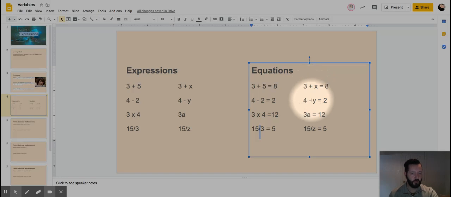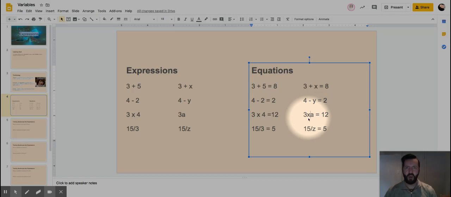And so, yeah, if we continue down here, a number and a letter separated by subtraction. And here, this looks a little different. We just have a number and a letter right next to each other. And the reason that we do this is to show multiplication, is because the multiplication symbol is very easily confused with the letter X as well.